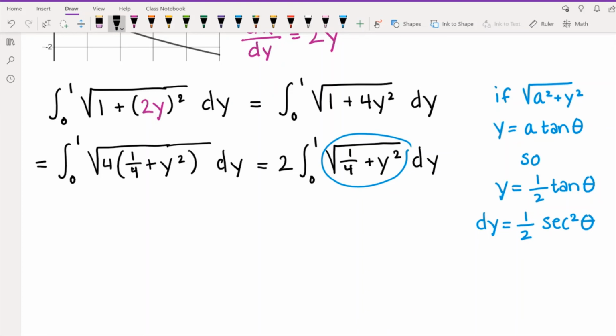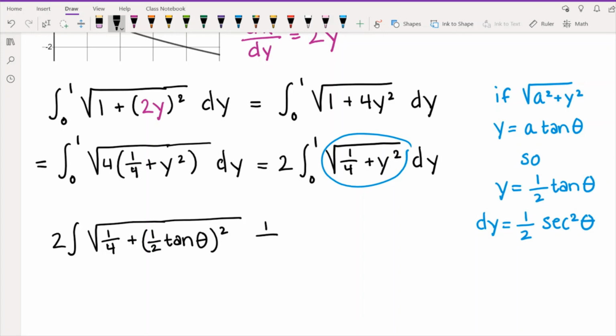So now we're going to be focusing on 2 times the integral. Again, we're going to leave it as an indefinite integral. And now we have the square root of 1/4 plus (1/2 tangent of theta) squared. And then our dy is going to be replaced with 1/2 secant squared of theta.